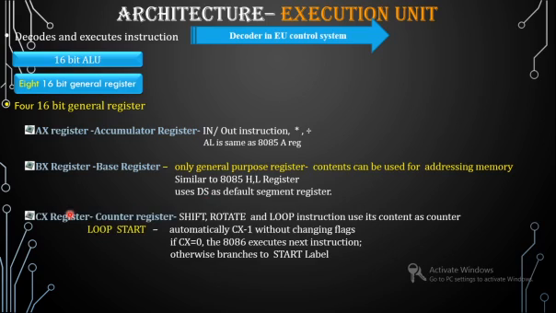And the next one is the counter register, and hence the name CX register. The name itself implies it will be used for counting purposes. During the normal flow of execution, there might be some logical instructions, like should I go or not, is the integer greater than 100 or not?